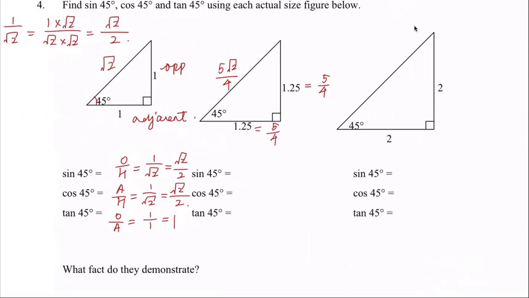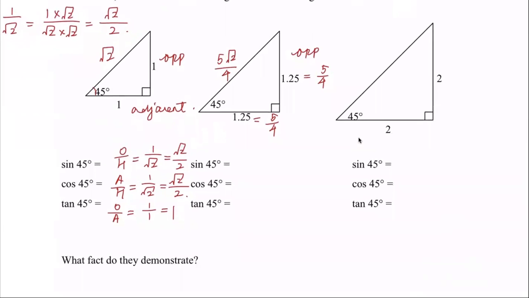If the reference angle is 45 degrees, then this side is the opposite side, and this side is the adjacent side, and this is the hypotenuse, right?